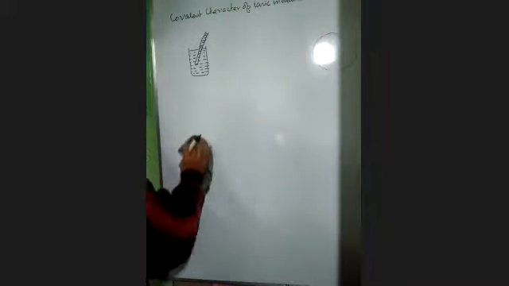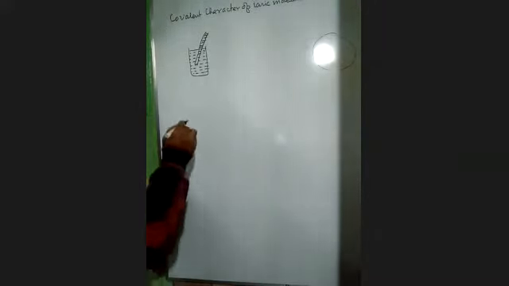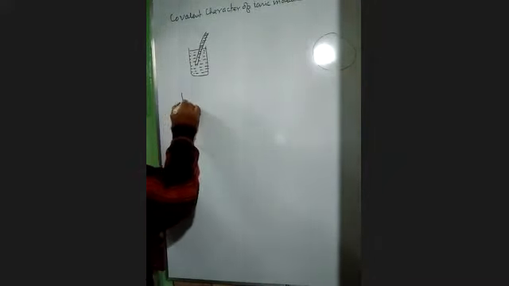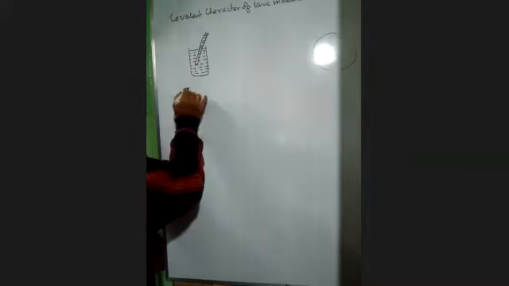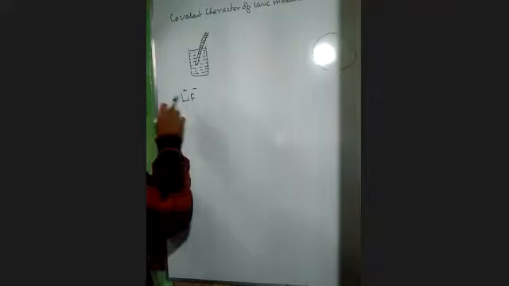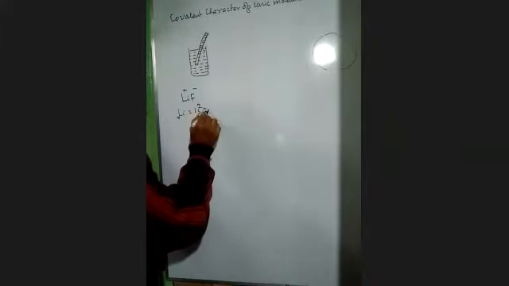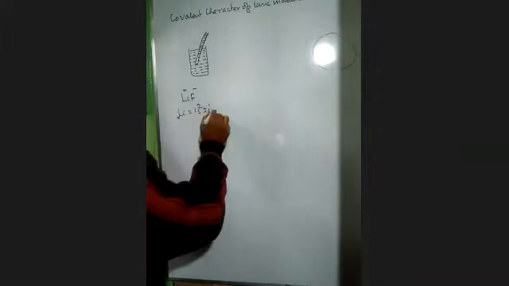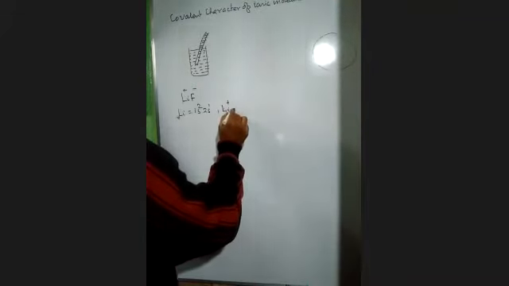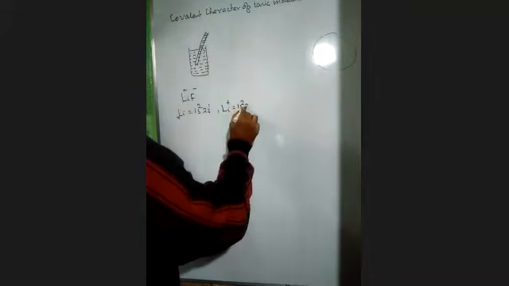I'll give you two examples. See, I have taken lithium fluoride, Li plus and F minus. In this case, what is the electronic configuration of lithium? 1s2, 2s1. Li plus means 1s2, 2s0.